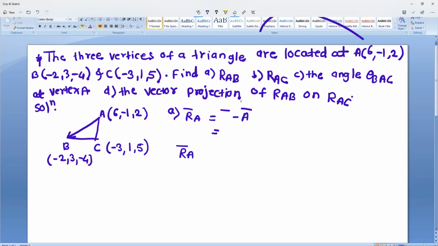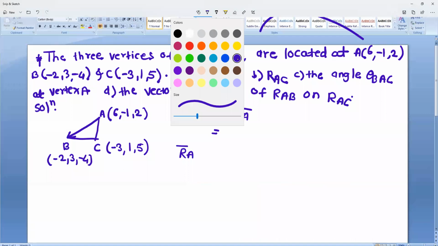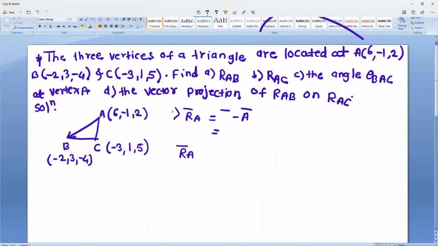Okay. Now the second question, B. So B is, we have to find RAC, right?